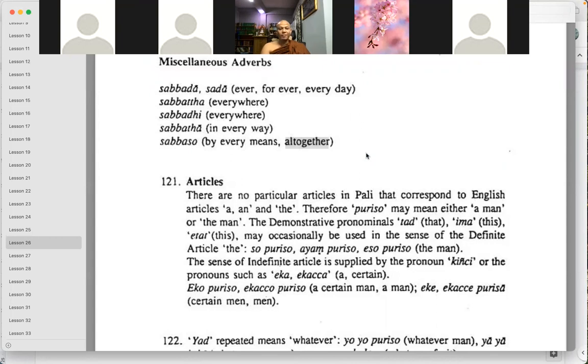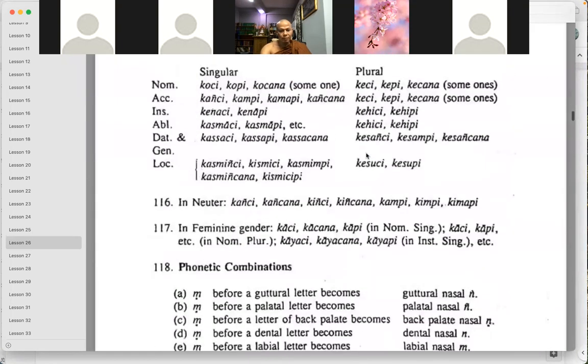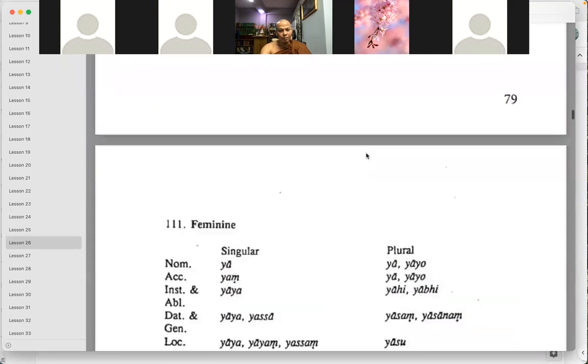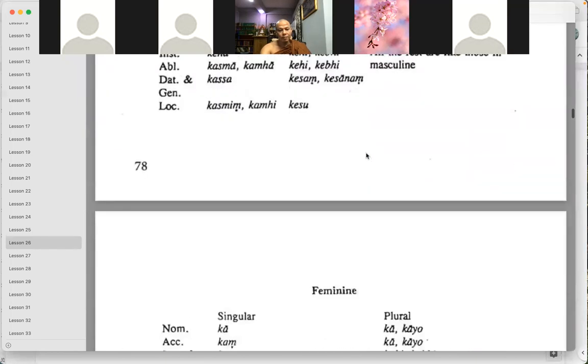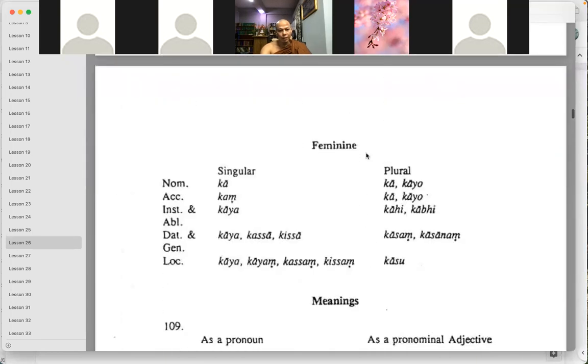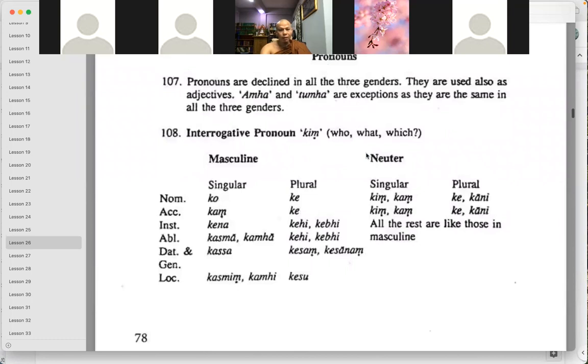I don't understand much about point 108. Kim, who, is an interrogative pronoun, yes, 108.